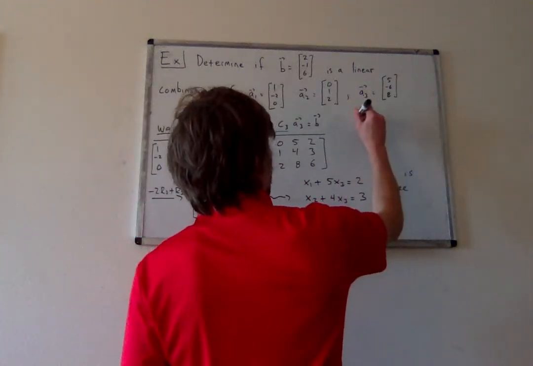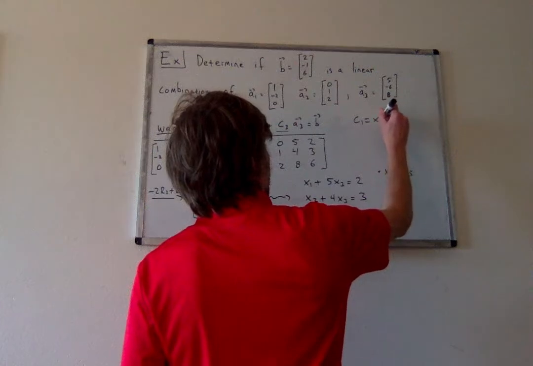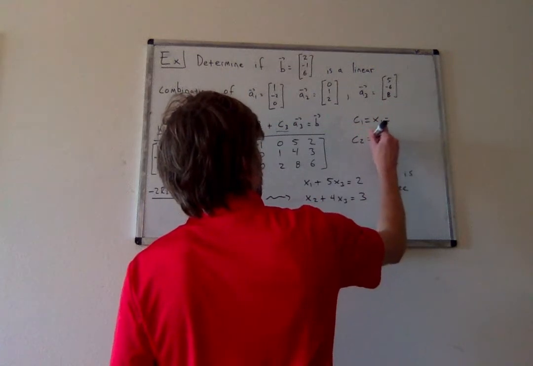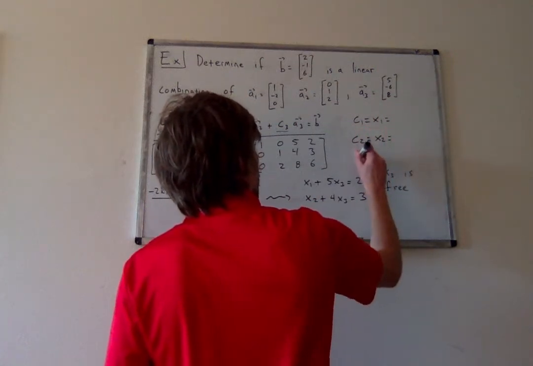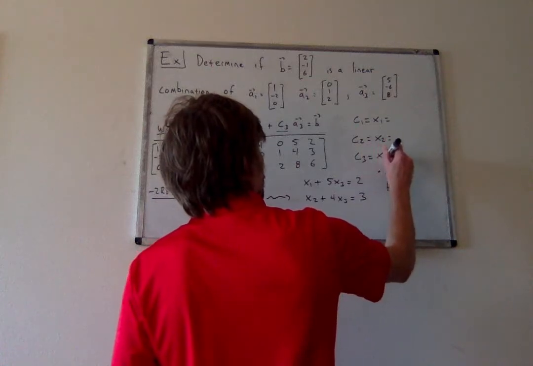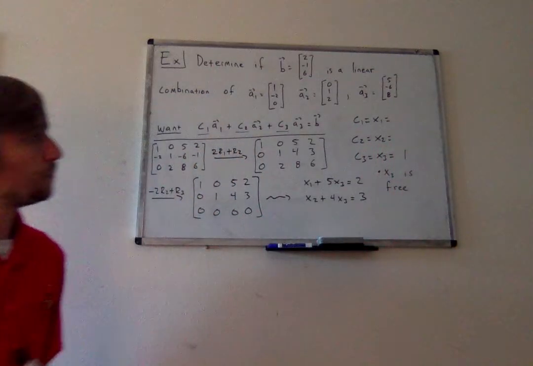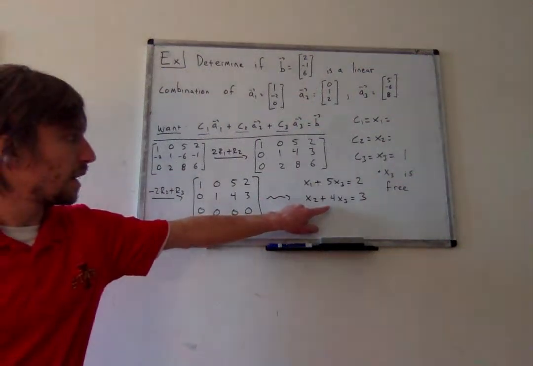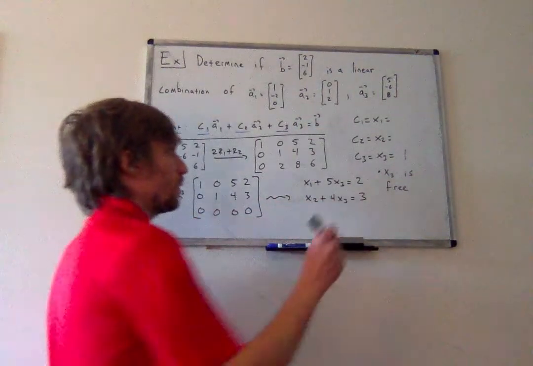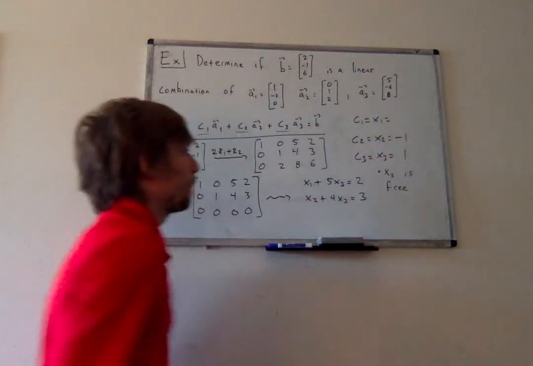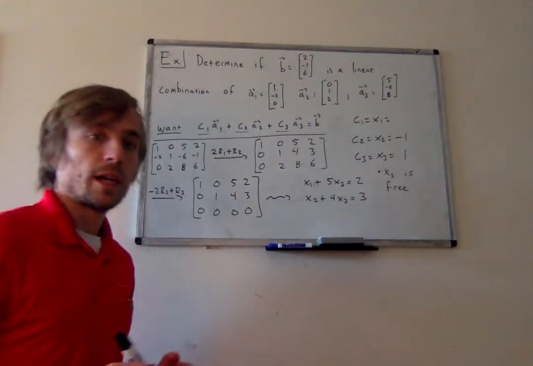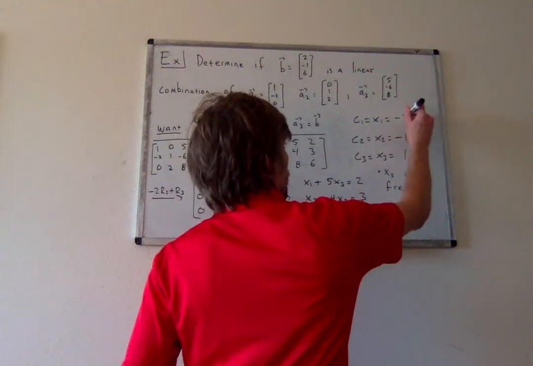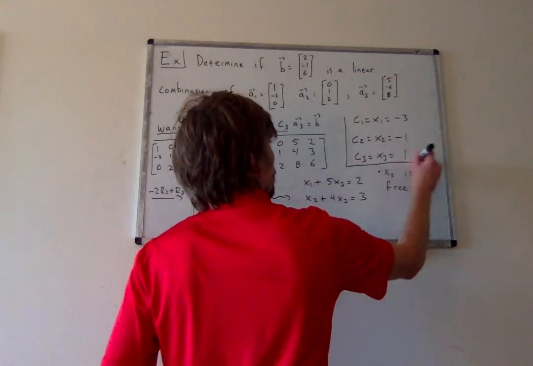So in order to find the solution, I'm just going to let x3 be 1. That means that x2 is equal to 3 minus 4, so x2 is equal to -1. x1 is equal to 2 minus 5, and so x1 is equal to -3.